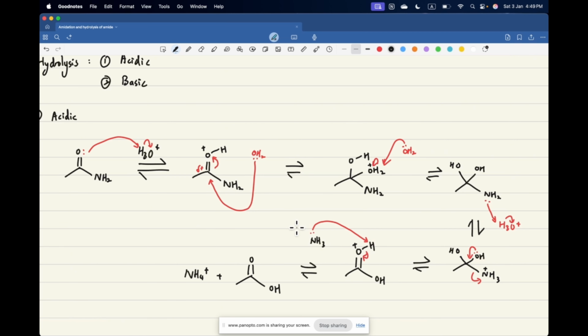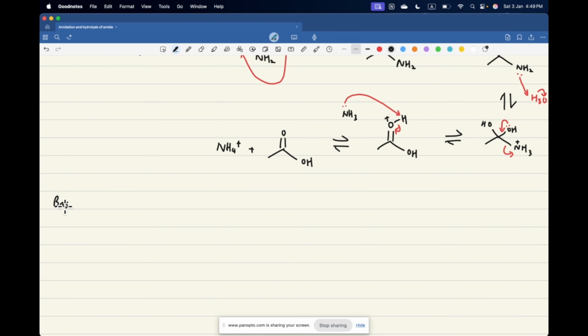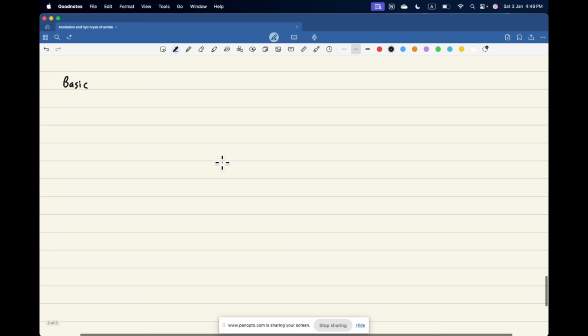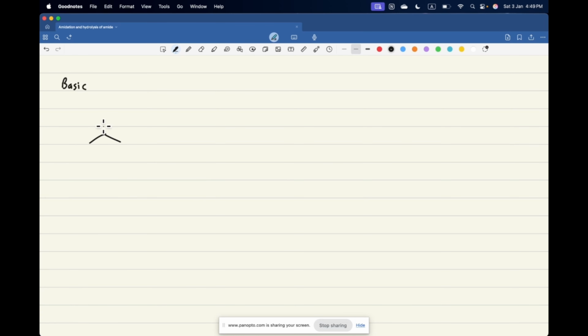So now let's look at the basic condition. Under basic condition, the reaction is much easier. Again, say we have a primary amide. This time, we're going to add the base. The base can straight away attack the carbon, and this electron goes up because it is a strong base, so that will form a tetrahedral intermediate.